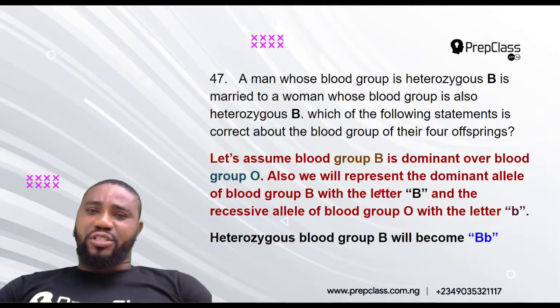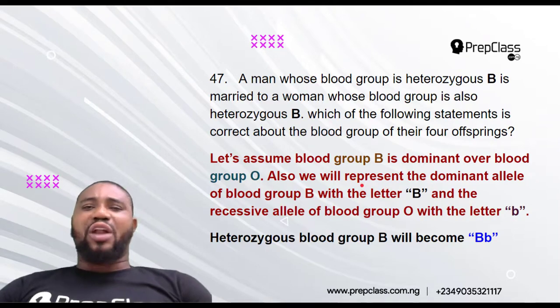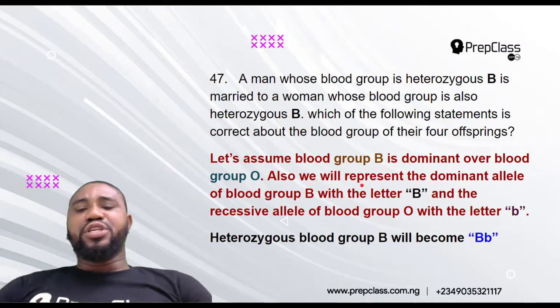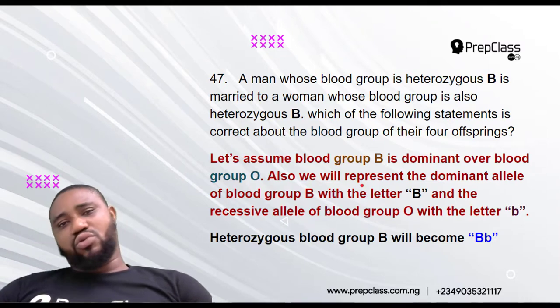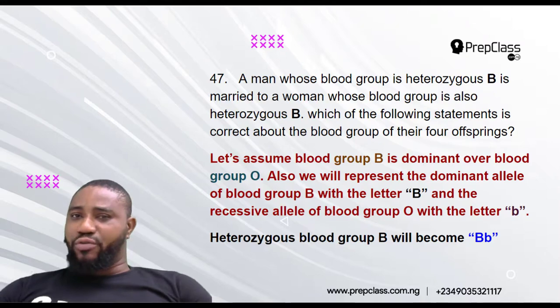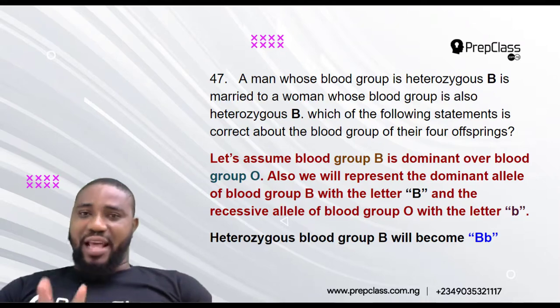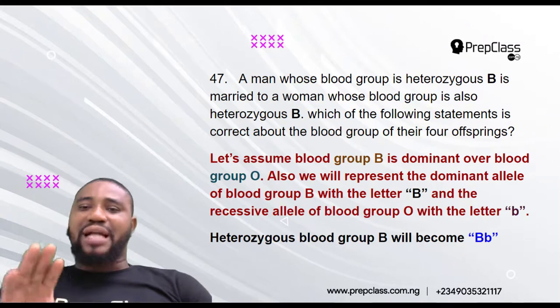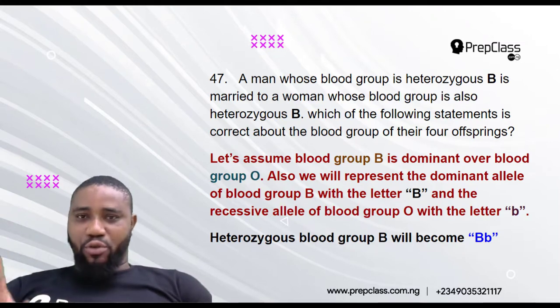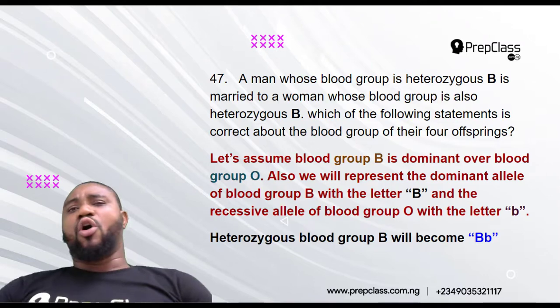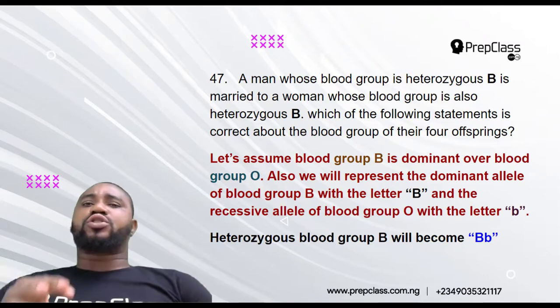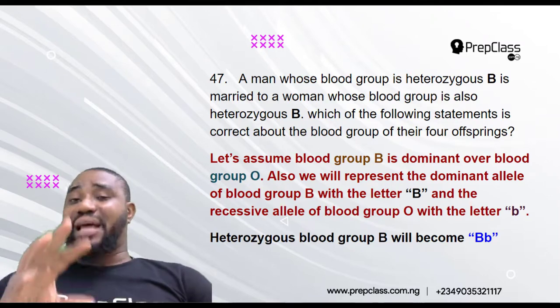Now, in this gene crossing, you cannot write it as BO and BO. No, it does not make sense. You get confused. Do you understand? So you use the same kind of letter for that particular gene. Are you following? Whether it is blood group, or height, or color, the dominant pair will carry capital letter.